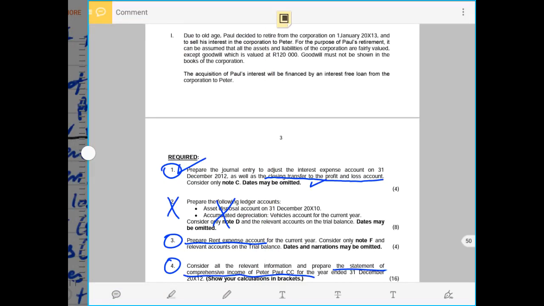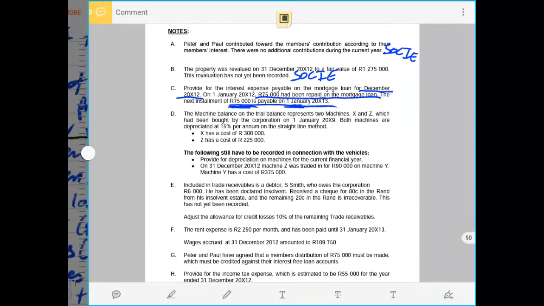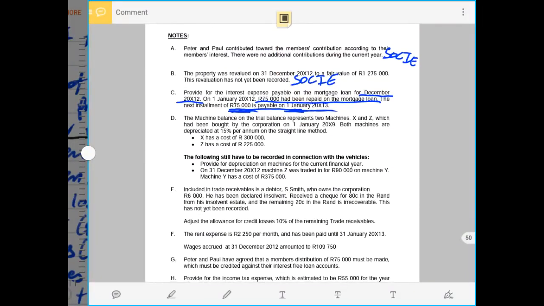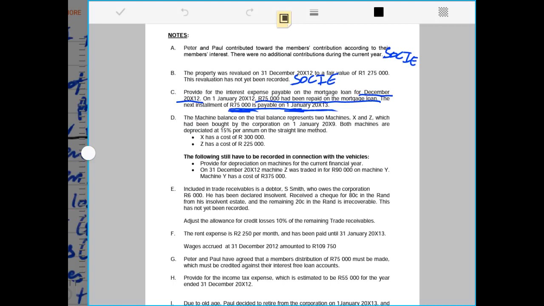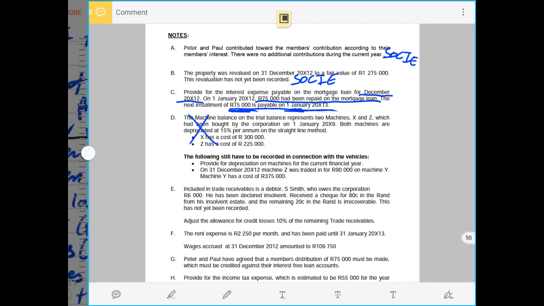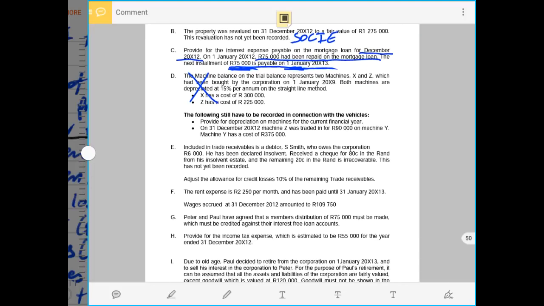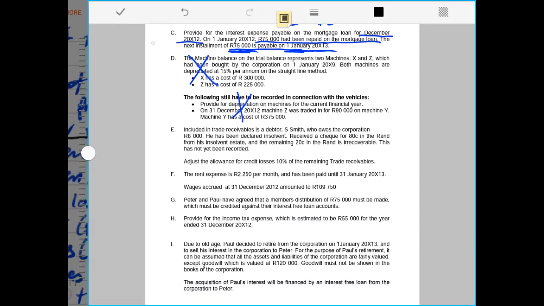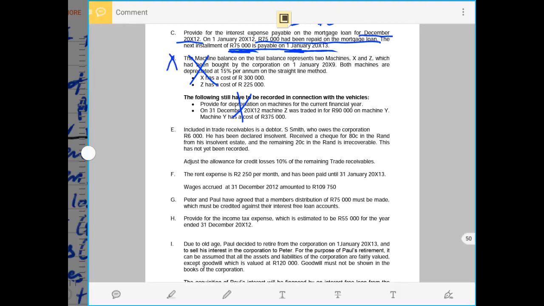Then after we go to the next adjustment, which we will skip because it tells us about the calculation of the depreciation and the buying of an asset. So completely number D, I will not consider that. Number E says included in trade receivables is a debtor S. Smith who owes the corporation 6,000.